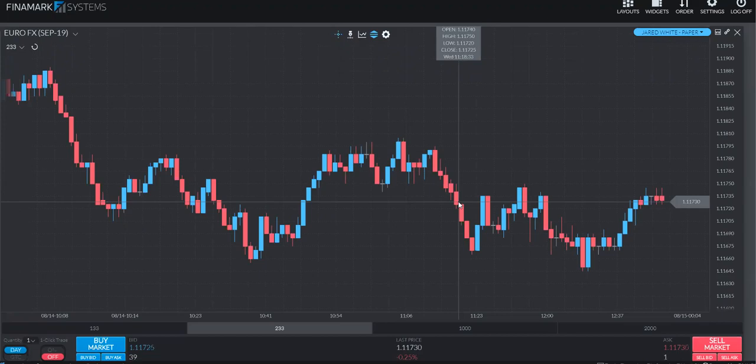So conversely to bars not printing in a slow period of market when there's low volume, when there's not many orders coming through, what do you think happens when the market is active and there's a lot of volume? Well, more bars are going to print.